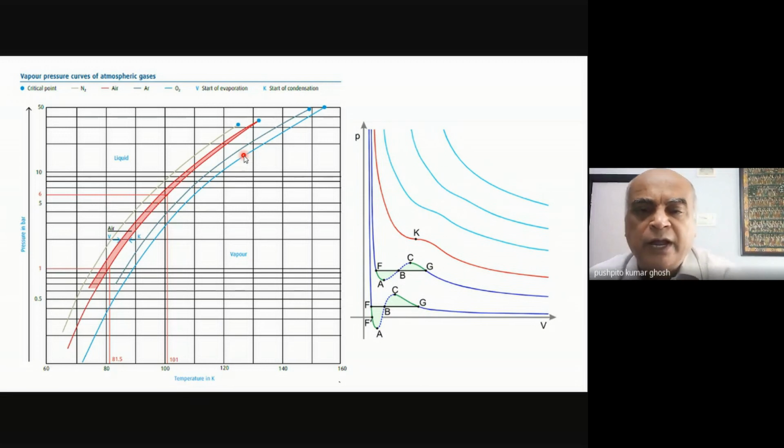And that's the reason why it cooks faster. Okay. So this plot is very important, and just keep this in mind that liquefaction is not just a function of temperature, but that pressure plays a profound role.